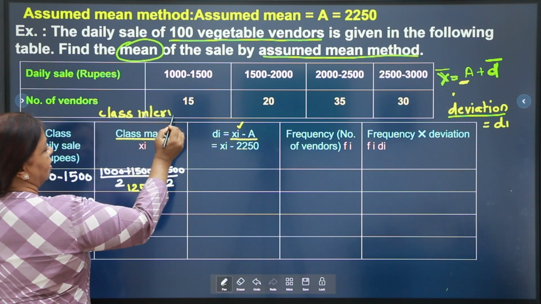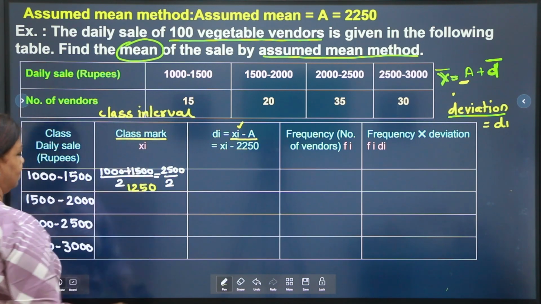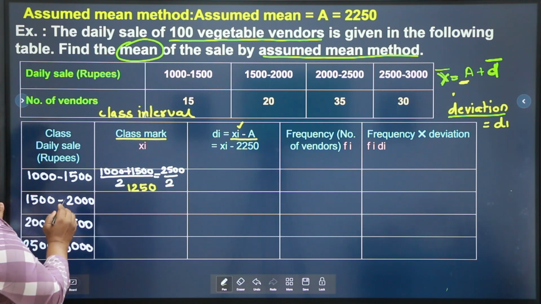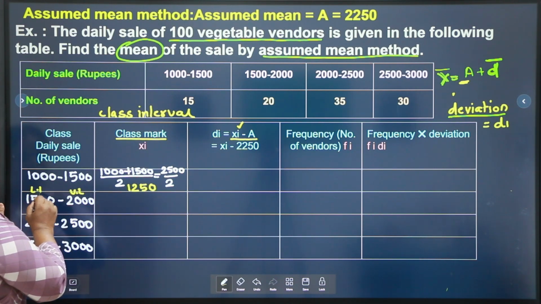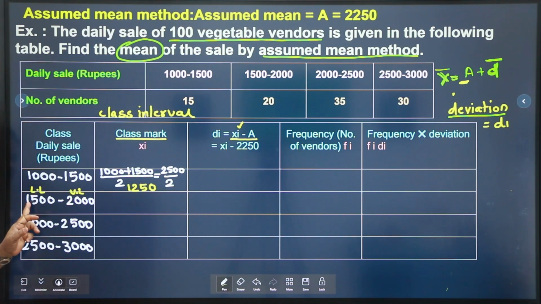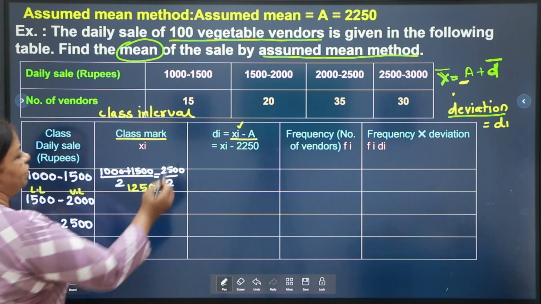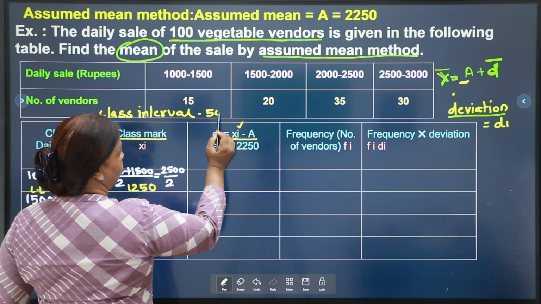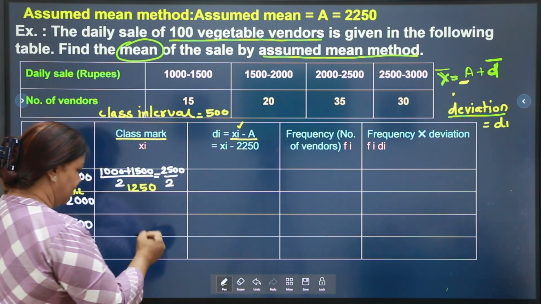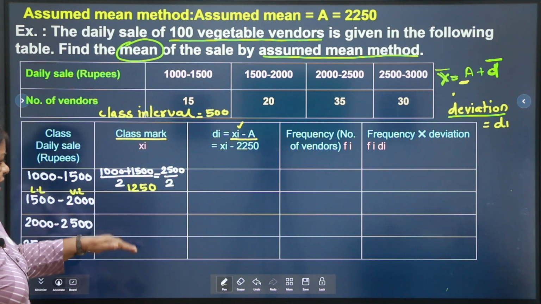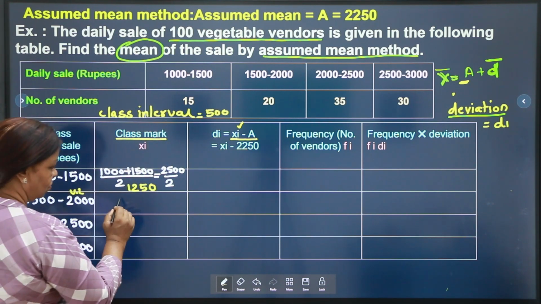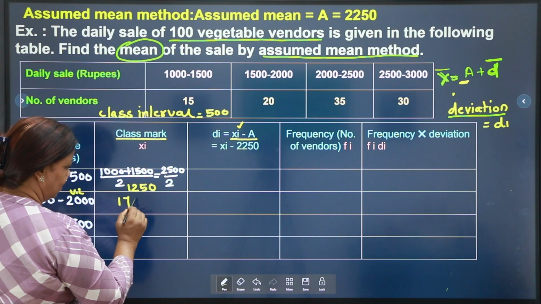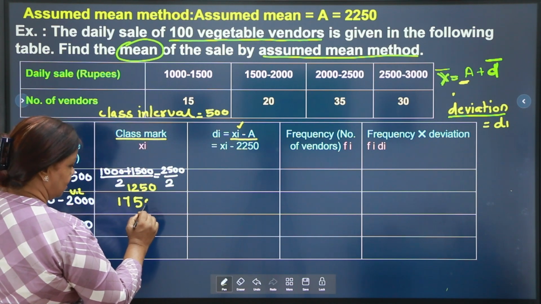How to find this class interval? For any class you take, the upper limit minus the lower limit. This is the upper limit and this is the lower limit. Subtract: 2000 minus 1500 is 500. So we add this to every xi. 1250 plus 500 will give you 1750.